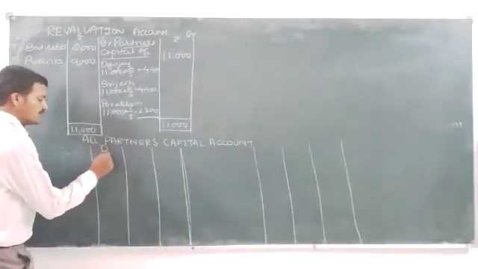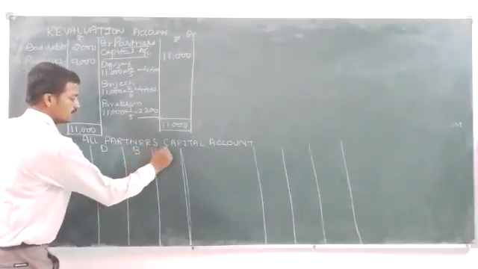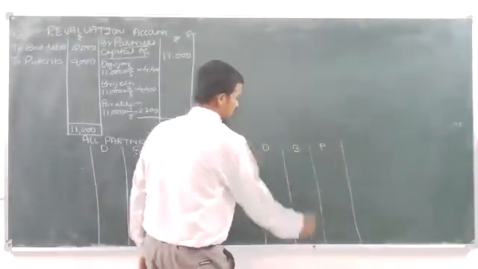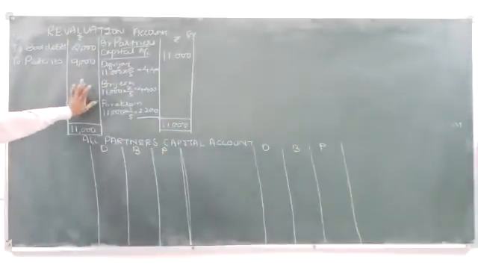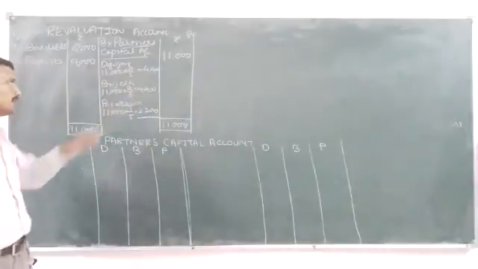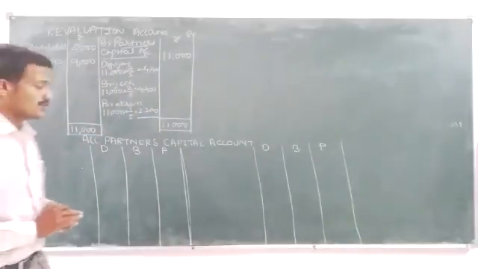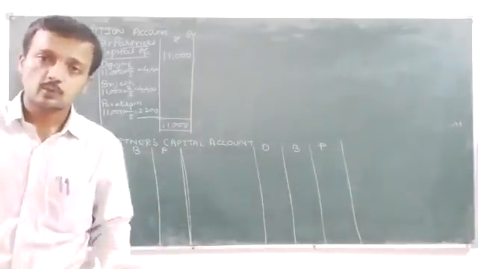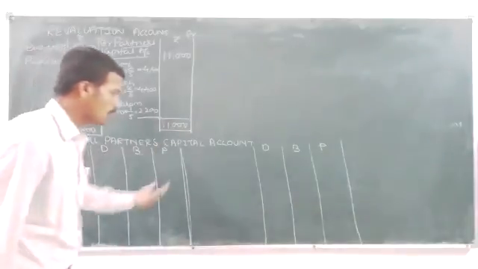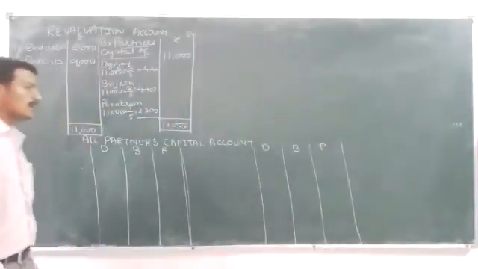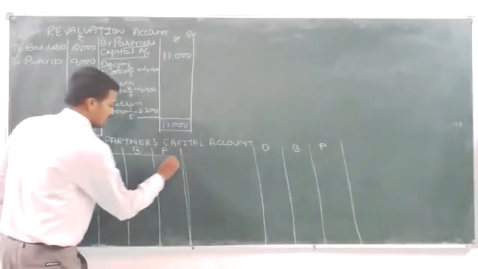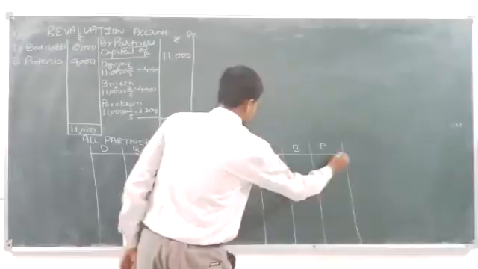First one is Digvijay, Brijesh, Parakram. Only thing is, in admission you need to transfer the revaluation profit to only two partners, but here all the partners are existing partners and old partners, hence it should be transferred to all. So we open all the partners capital accounts at a time. First, as we did in the admission, we will carry out the same procedure.